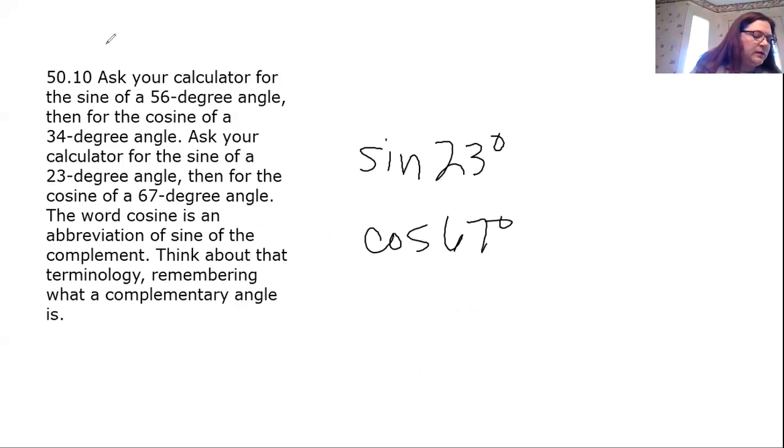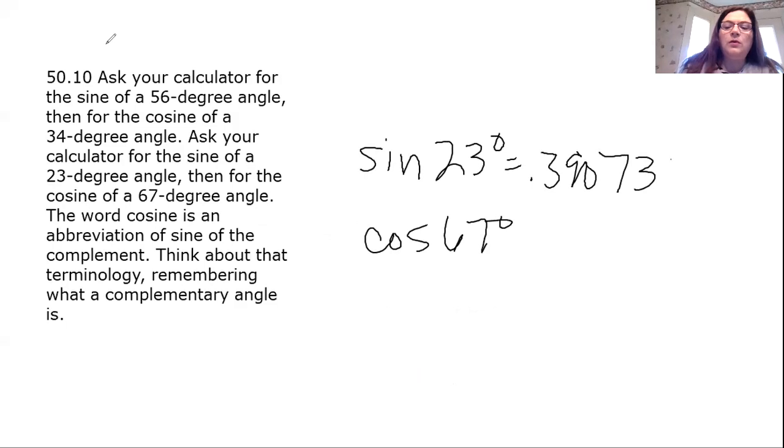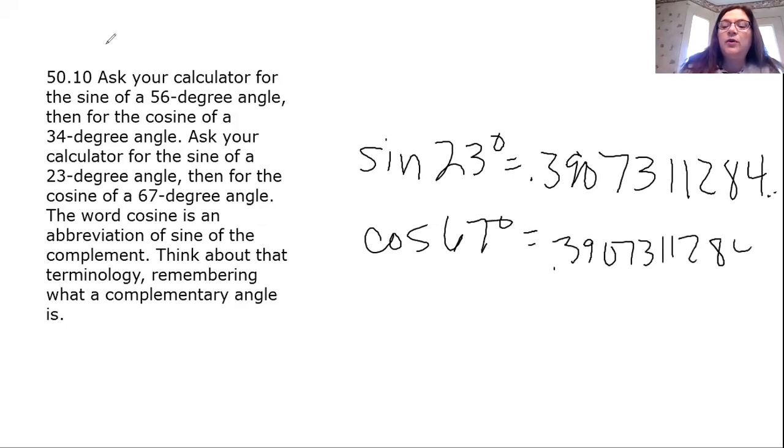Sine 23, 0.39073, 1128, it just keeps going. Cosine of 67, that's 67, cosine, 0.39073112884. I mean, it's not even close, it's exact.